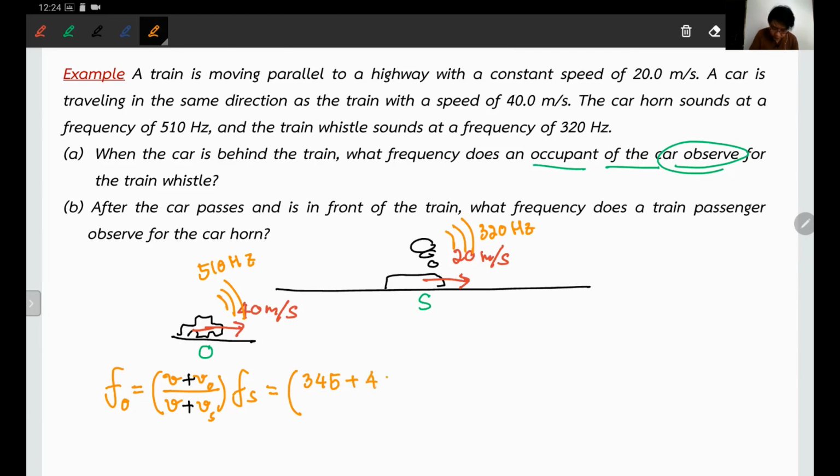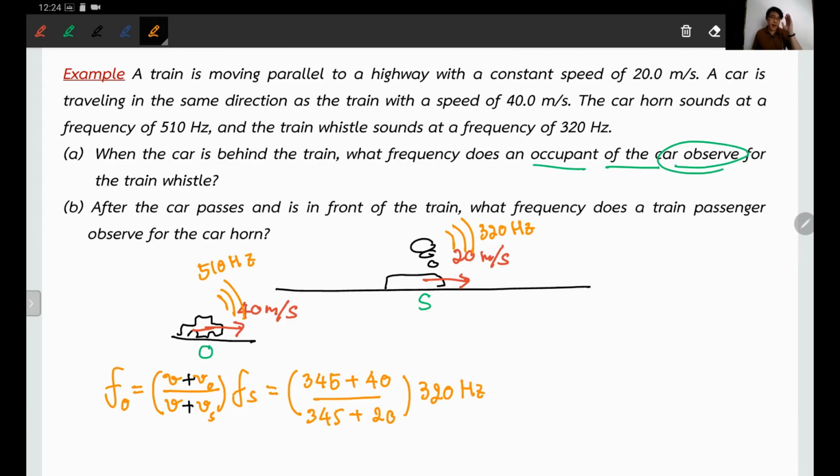So it's going to be 40 divided by the speed of sound, 345, plus the speed of the source. The source is the train speed, so 20 is down here. And the sound we are hearing is from the whistle, so it's 320 hertz. And that's it, done.